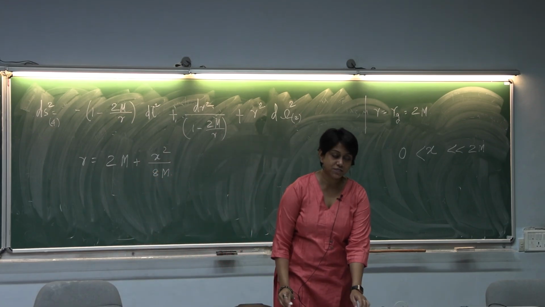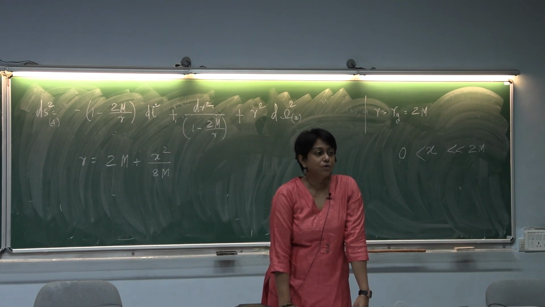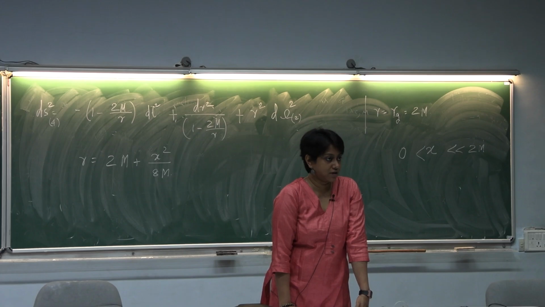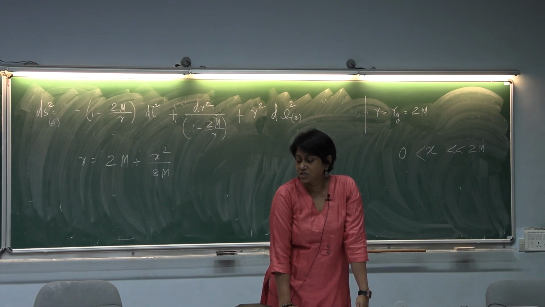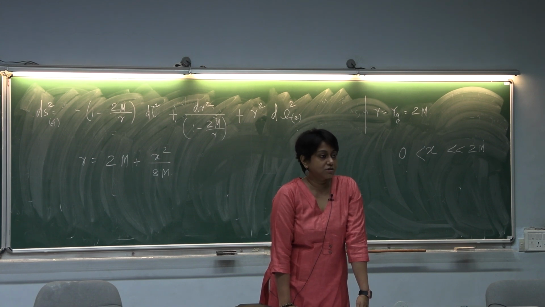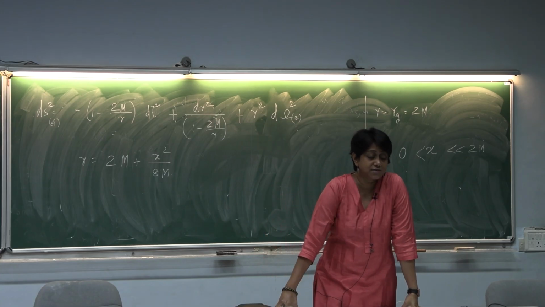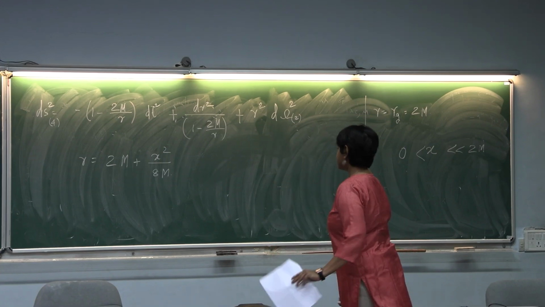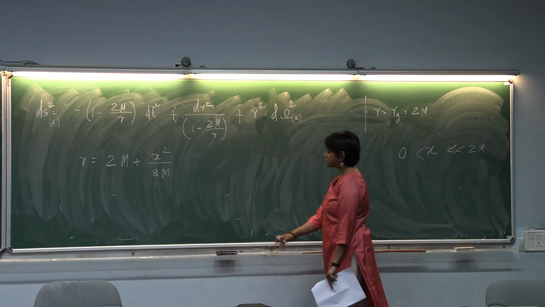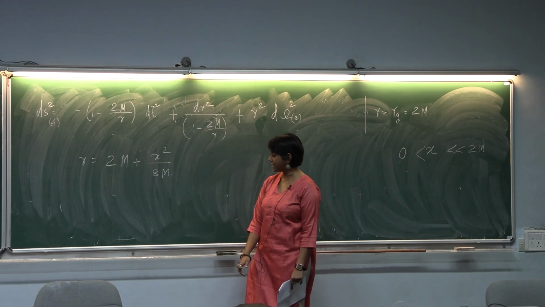Twice m plus, because I am interested in the region outside of the event horizon, not inside. So r less than twice m is not at all my concern here. I am happy to check the outermost region of Schwarzschild, taking a very small distance from the event horizon at r equals twice m. This is how I am expanding r in terms of twice m plus x squared over 8m.